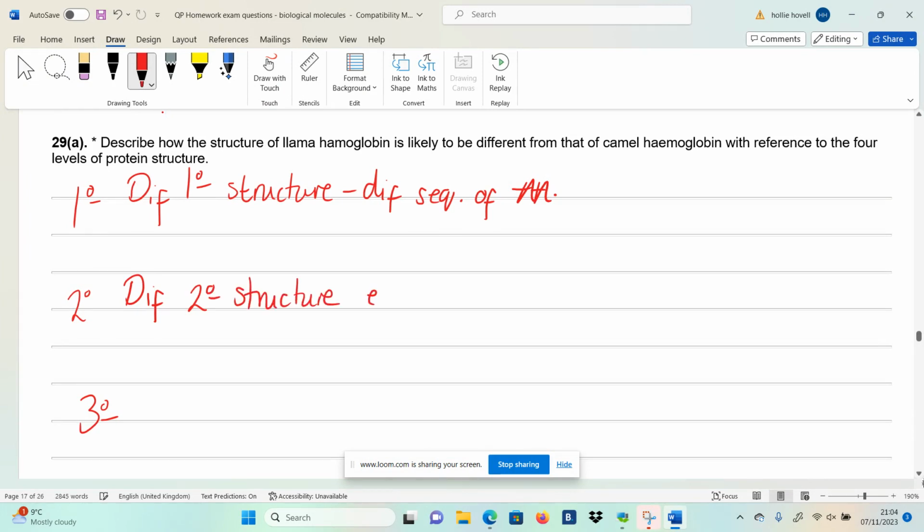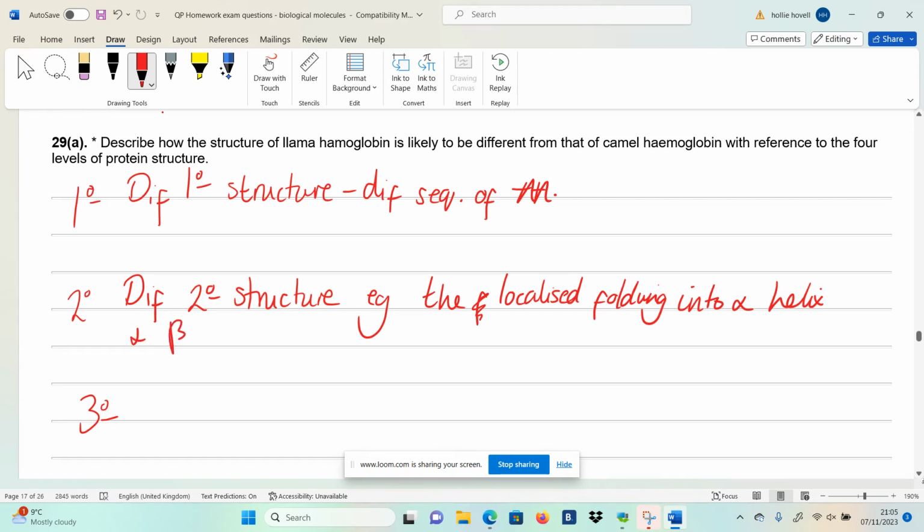So you could say, e.g., the localized folding into, remember the 2 shapes, which are the alpha helix and the beta pleated sheet.